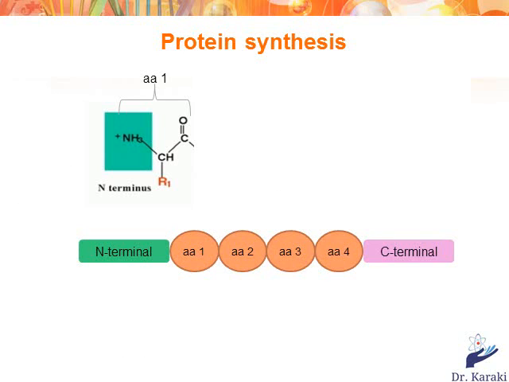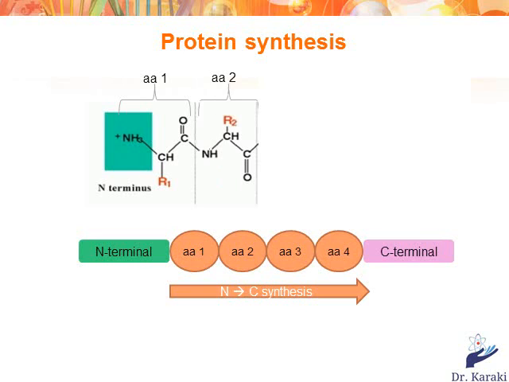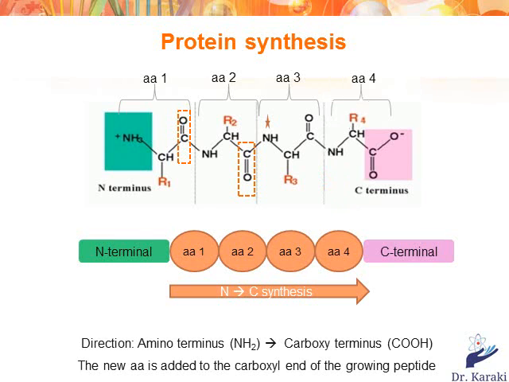So like I said previously, when a protein is translated from mRNA, it is done from N-terminus to C-terminus, where the new amino acid is added to the carboxyl end of the growing peptide chain. Or in other terms, the N-terminus of the new amino acid is linked to the C-terminus of the protein chain, and so on.